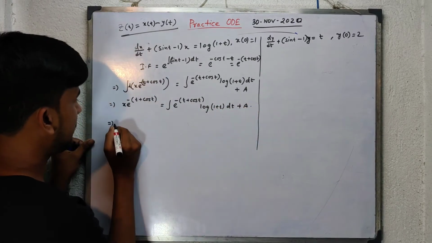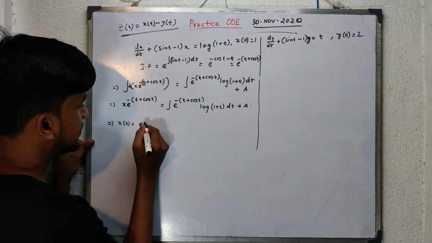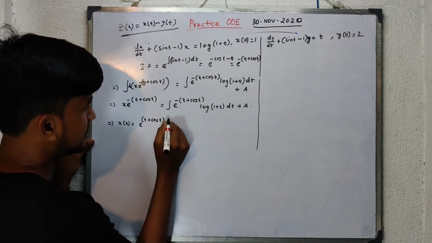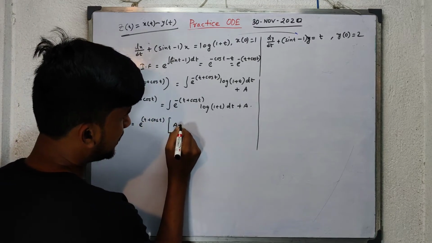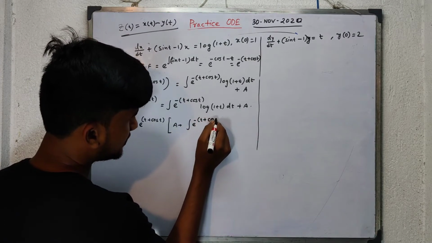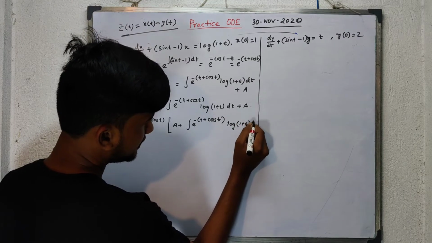Okay, so this implies x(t) equals exponential (t + cos t) multiplied into a plus the integral of e^(-t + cos t) log(1 + t) dt.